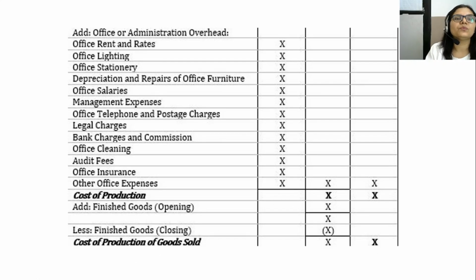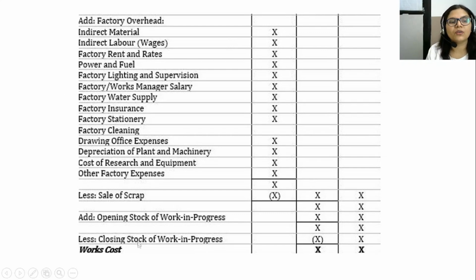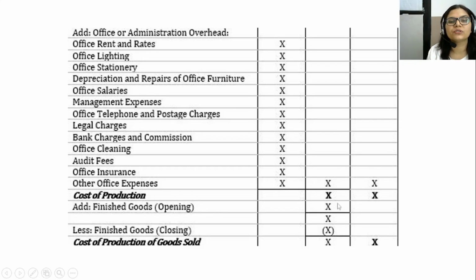After arriving at work cost, we will add office or administrative overheads. After adding work cost and administrative overheads, we will get the cost of production. In cost of production, we will adjust opening stock of finished goods and closing stock of finished goods. We will arrive at cost of production of goods sold.